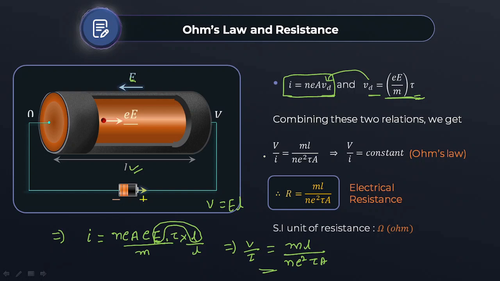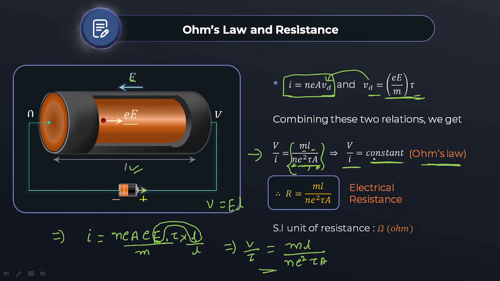Just simplified. So V by I is equal to mL by ne square tau A. Here, the mass of the electron, length of the wire, number of free electrons, charge on electron, relaxation time, and area of cross section are all constant for one conductor if we don't change the physical dimensions. Yes or no? So we can say that V by I is constant. This is what Ohm's law says, right?